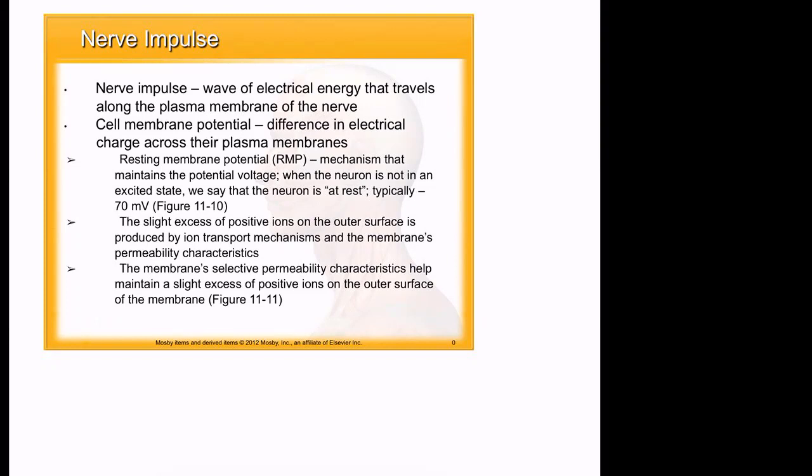So this is happening along the membrane. It's not actually going like in the center of the axon, zipping down. It is traveling along the membrane, so it's sort of on the outer part of the cell. And it is following a wave-like pattern in that it's moving in one direction. I think we may have talked about that a little bit already.